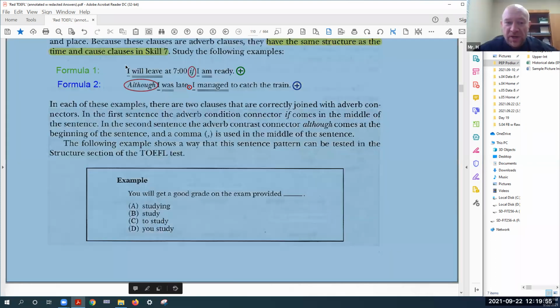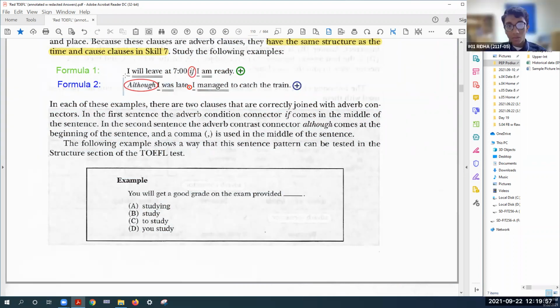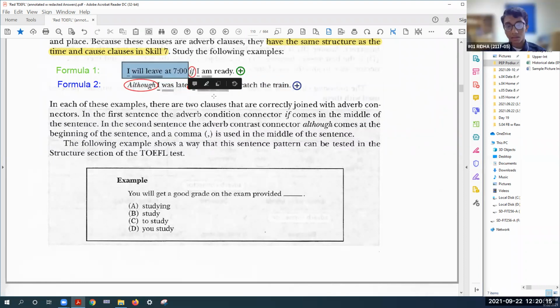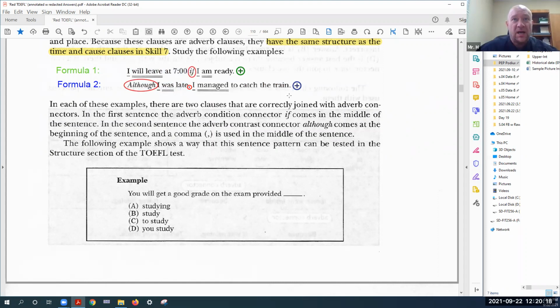Does everybody agree? Main clause? No, the second one. I managed. This is Formula 2. So in Formula 2, the main clause is after the comma. In Formula 1, the main clause comes first. In Formula 2, the main clause is after the comma. Okay? So let's give numbers for the subject and verb in the main clause.